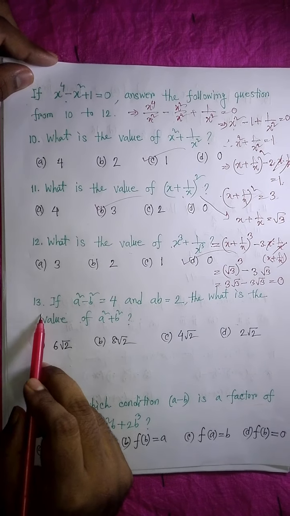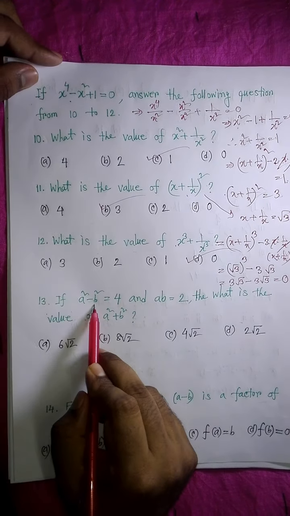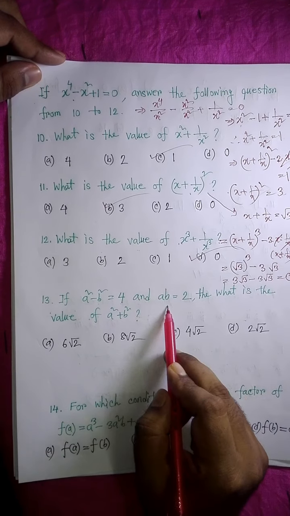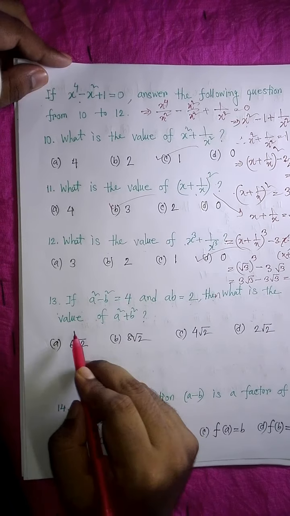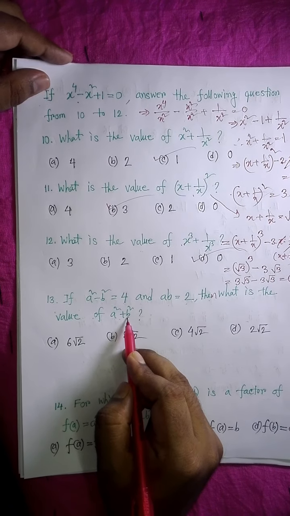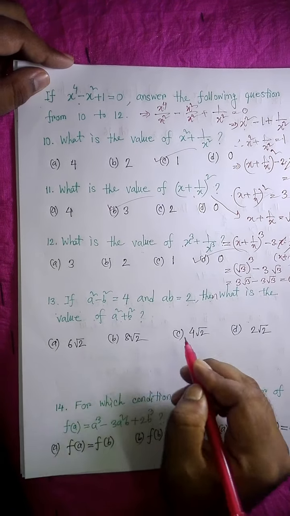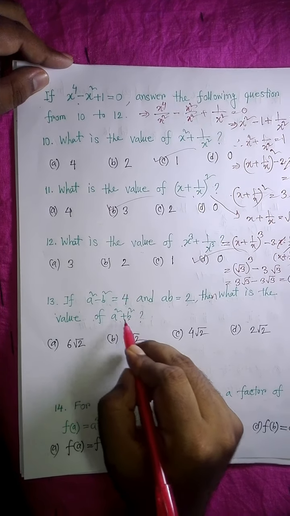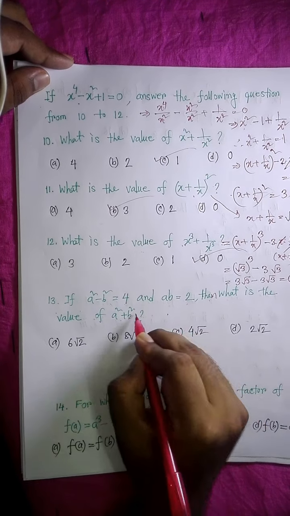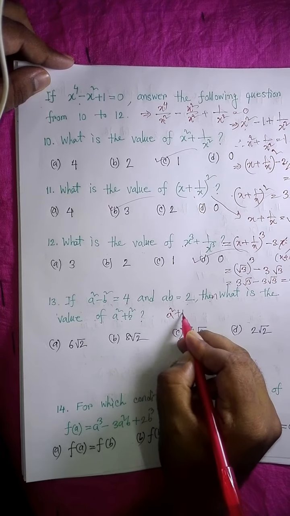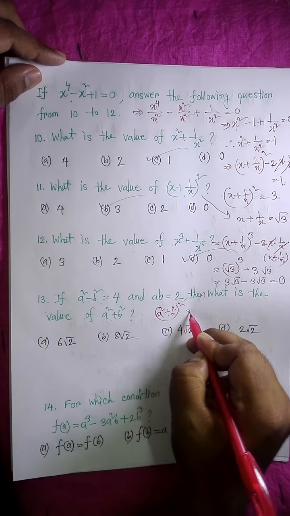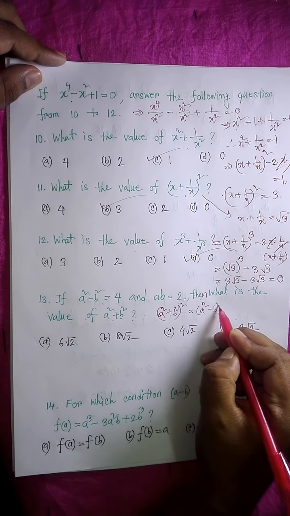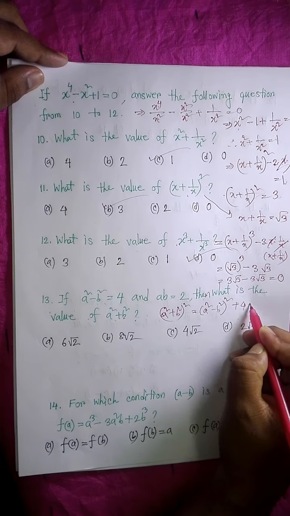Now question number 13. If a square minus b square equal to 4 and ab equal to 2, then what is the value of a square plus b square? Here we apply a theorem here. We can write a plus b whole square equal to a minus b whole square plus 4ab.